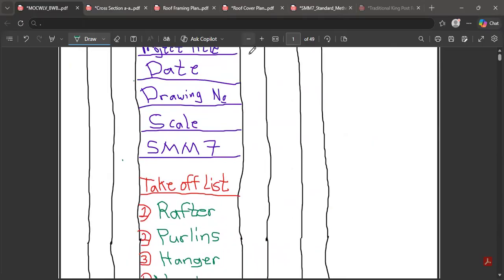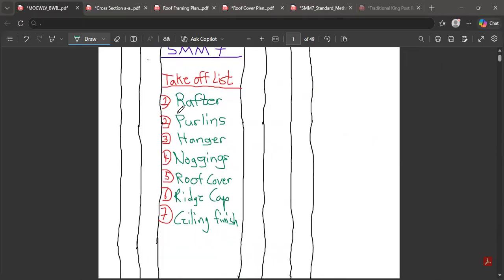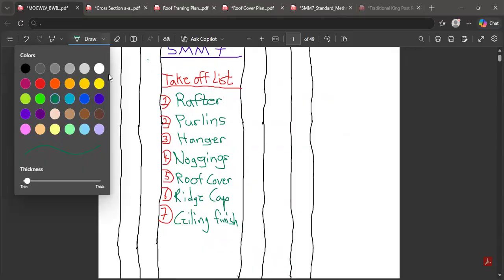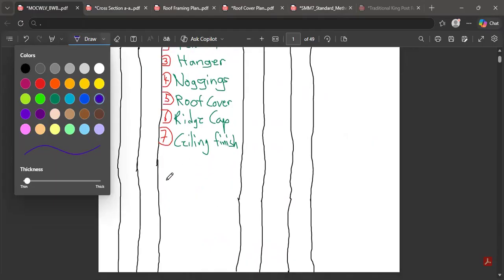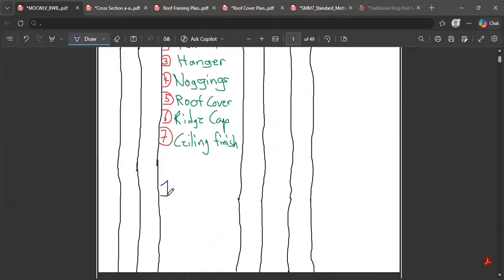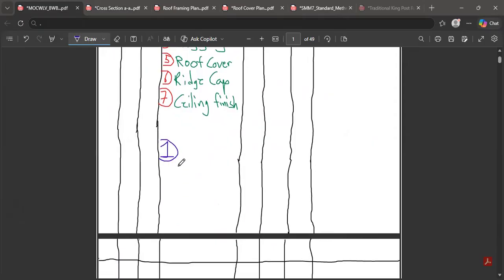Yes. Okay, so let's just pick the rafter. Let's pick the rafter alone as the first member and talk about it plenty. So let me just quickly change to a different color pen. So I want to pick the first member. That is one. So I'm now solving. We want to just focus on the rafter only. So that is the rafter.